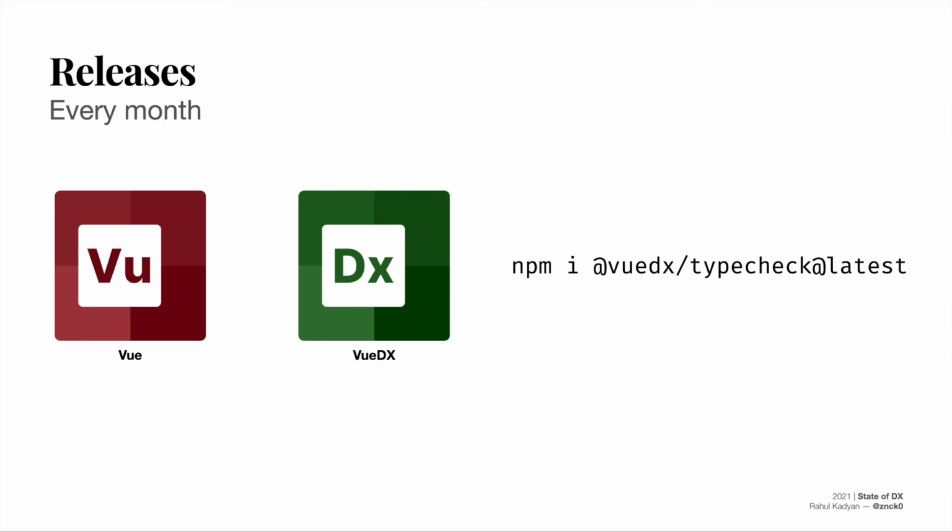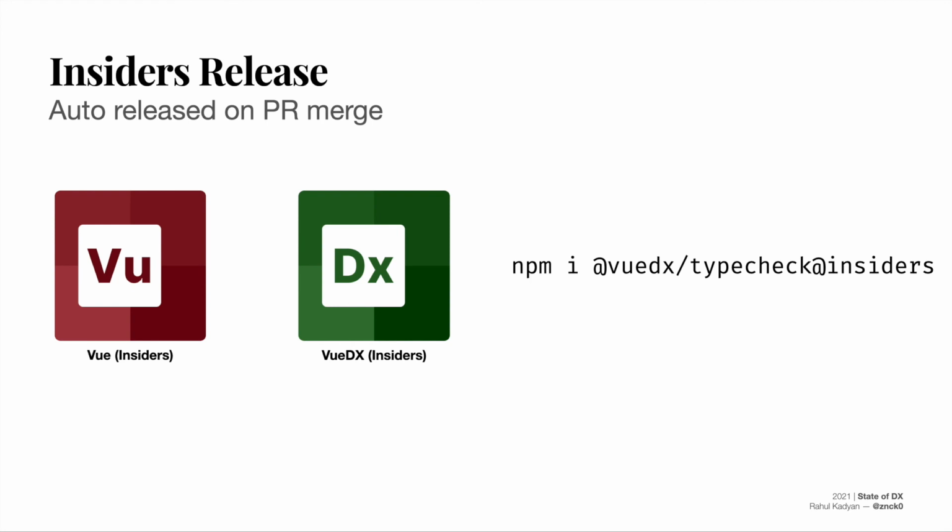All the packages and extensions are released at once. Then we have an insiders release channel, which auto releases all the packages and extensions whenever a PR is merged. So if you want all the latest features that are merged in Vue DX, you can search for the insiders version of these extensions on the marketplace.